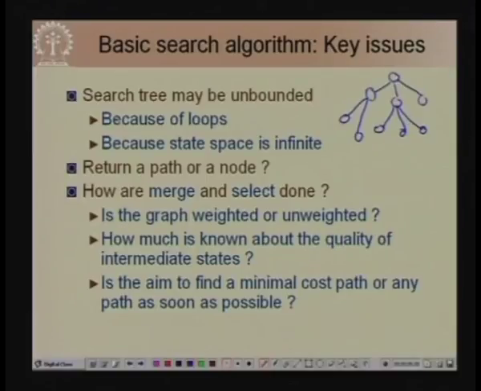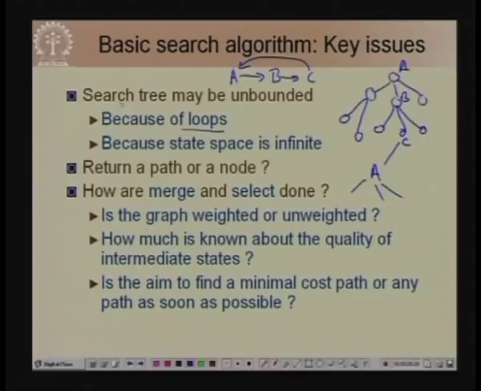Now, one thing that we will notice is that if we model our search problem like this, the search tree may become unbounded because of loops in the state space representation. Suppose there is an operator which takes you from A to B, B to C, and C to A. Now, if this is A, this is B, this is C, then the successors of C will contain A, and then again under A we will have this entire tree.